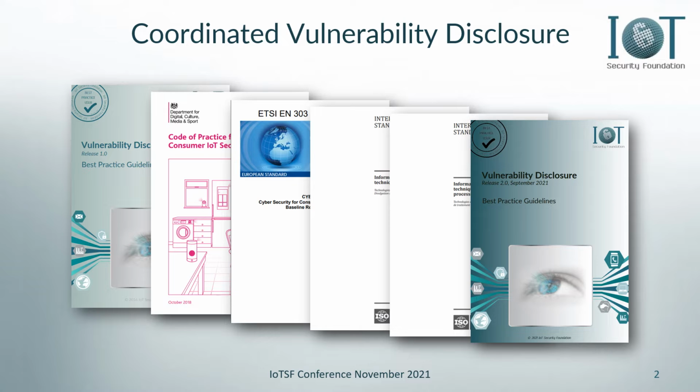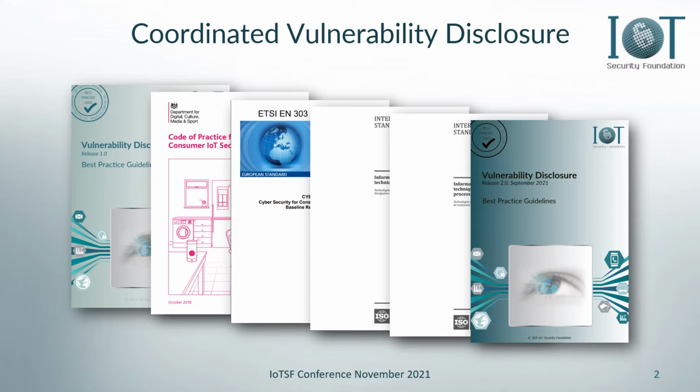This initiative was pushed a step further by the ETSI standard EN 303645 Cybersecurity for Consumer Internet of Things, which specifically included the requirement to implement a means to manage reports of vulnerabilities.